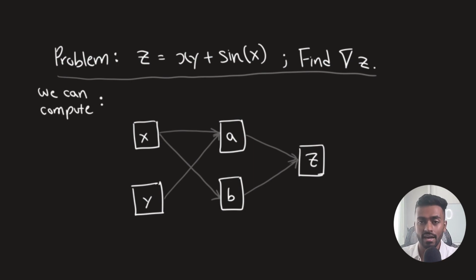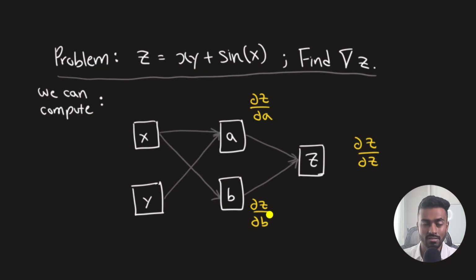In this case, we start from the end, where the derivative of z with respect to z is just a seed of 1. From this, we can directly compute the derivative of z with respect to a and the derivative of z with respect to b. z is, after all, a plus b, so you can directly compute these two derivatives. So that's great.